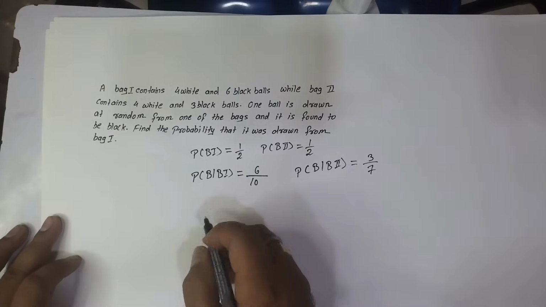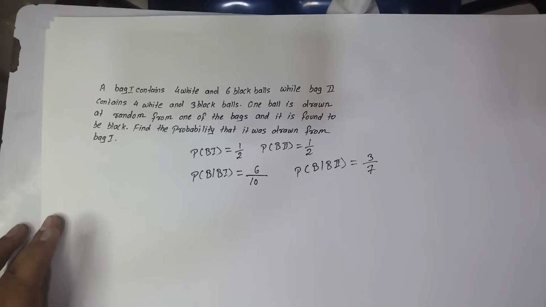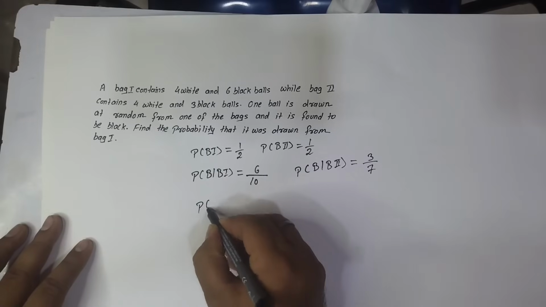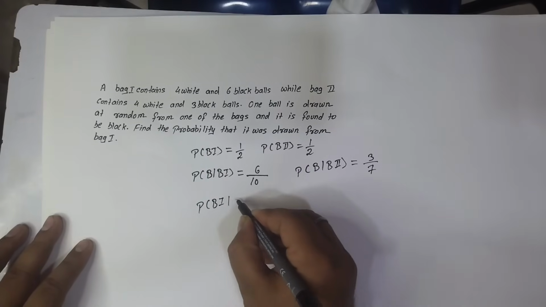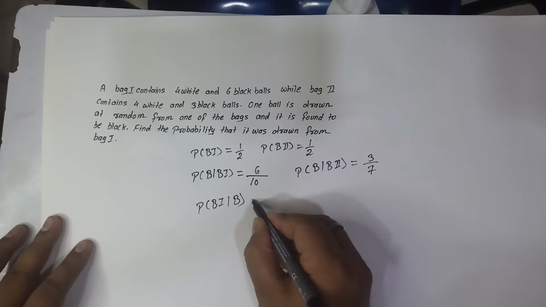Now, the question says one ball is picked up and the ball is black. What is the probability that it is drawn from bag 1? So, we need P(B1 given B).